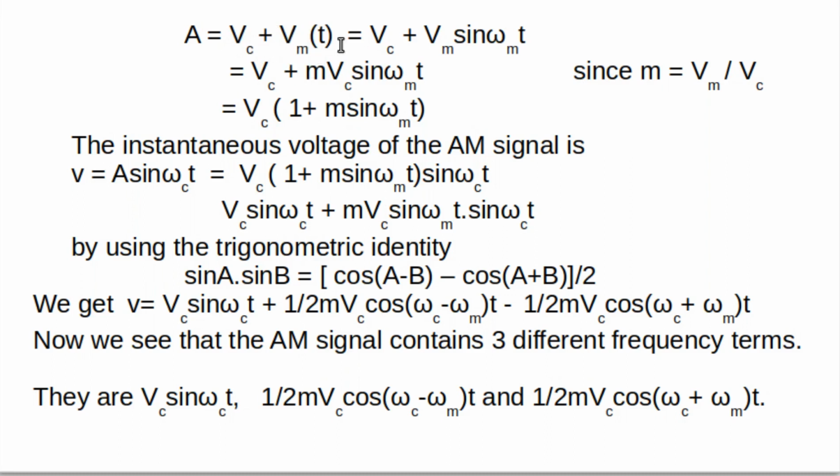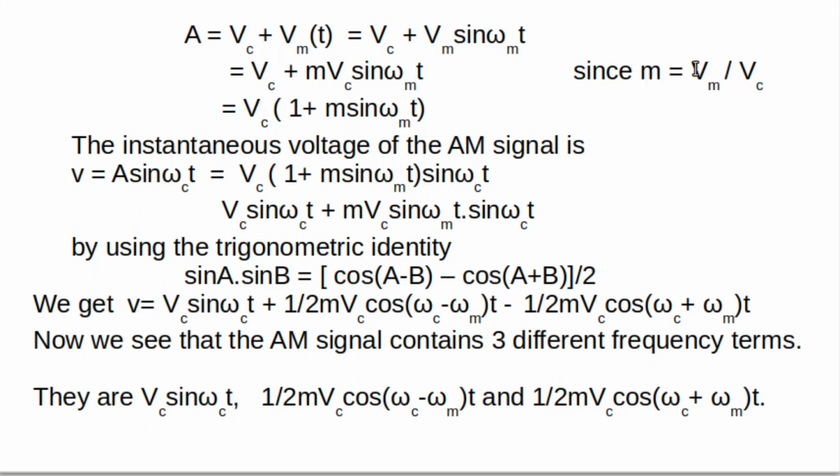So this can be written as Vc plus Vm sin omega mt. This is the equation for the message signal. So it can be written as Vc plus m into Vc into sin omega mt, and we are replacing Vm by m into Vc. We get it from the equation for modulation index, m equal to Vm by Vc.